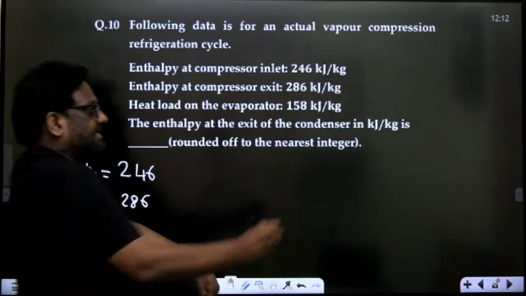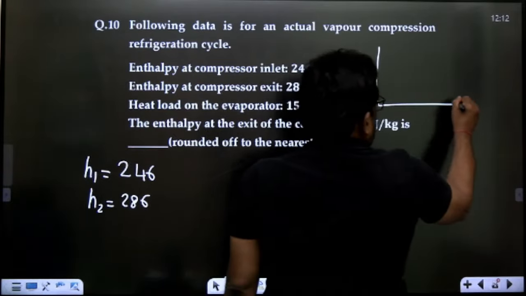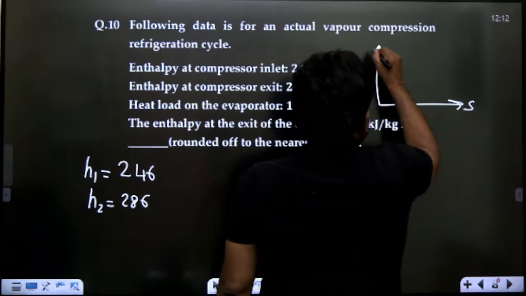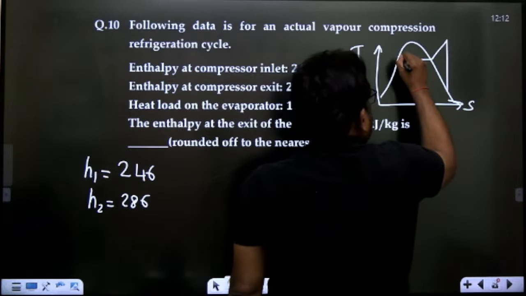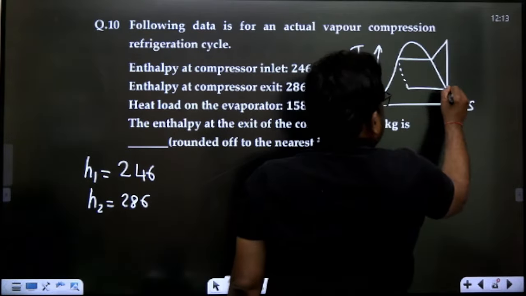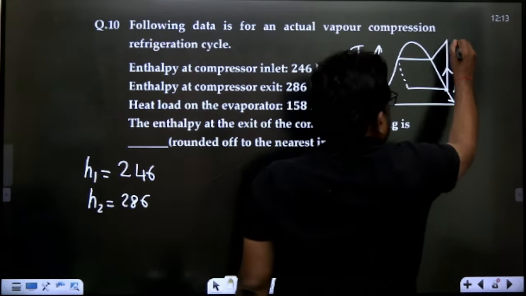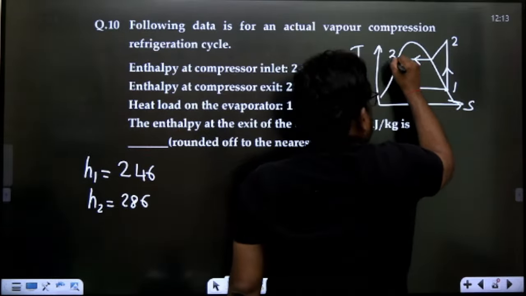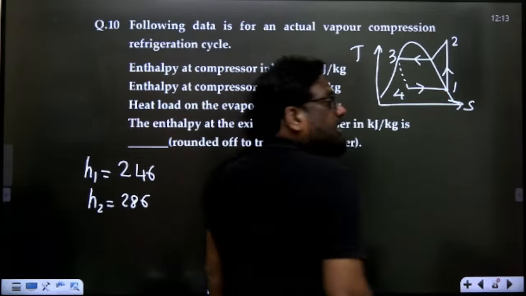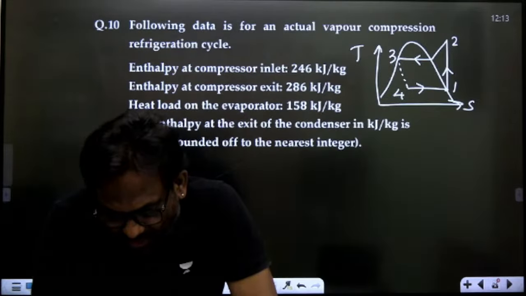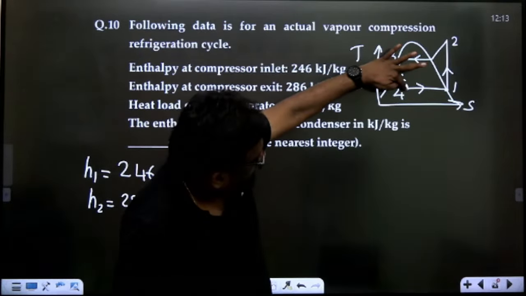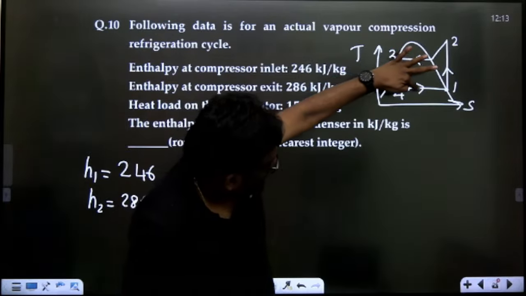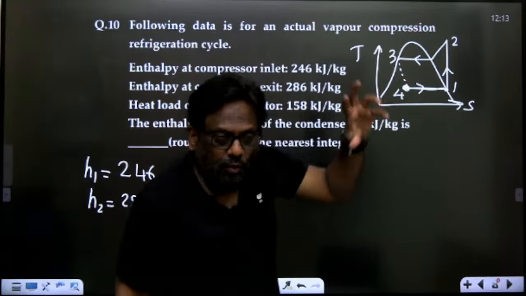Didn't understand, sir? Look here, it's a great question. Good question. What is the load on the evaporator? Whatever heat it is taking from this point to this point, that is the load.